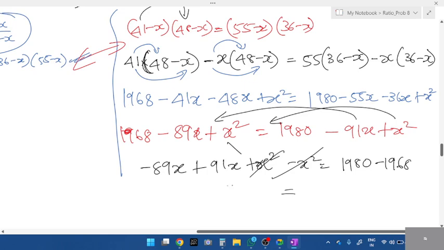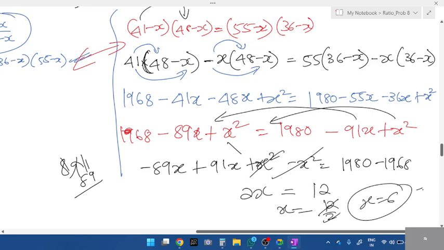No, no, not 12x. 89, 91. How much is 91 minus 89? 2, right? 2x. 2x is equal to 12. x is equal to 6 is the answer. Understood? Okay.